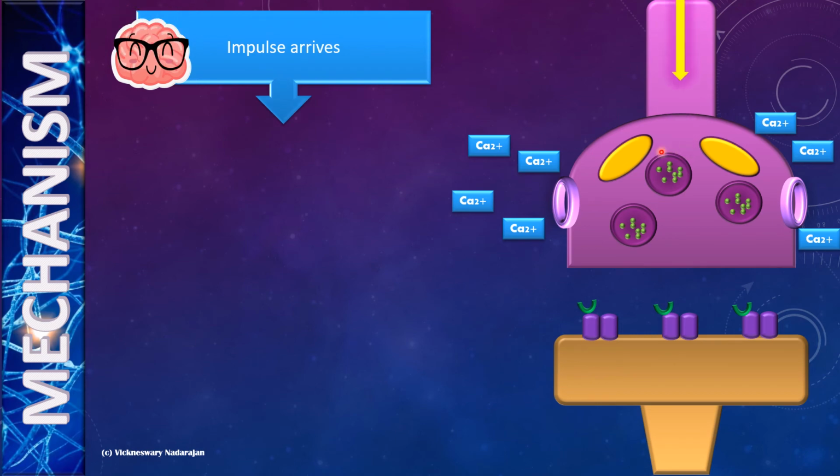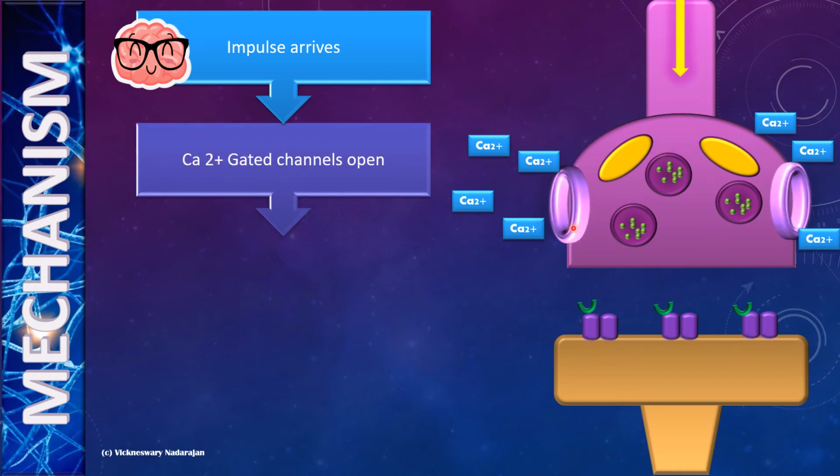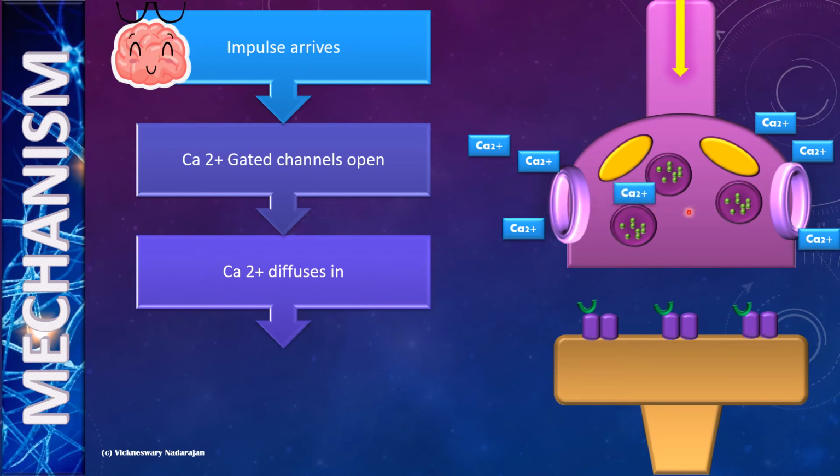When the electrical impulse arrives, this will stimulate the calcium ion voltage gated channels to open. So this will cause the calcium ions to diffuse in. This is not an active process, so ATP is not needed yet.